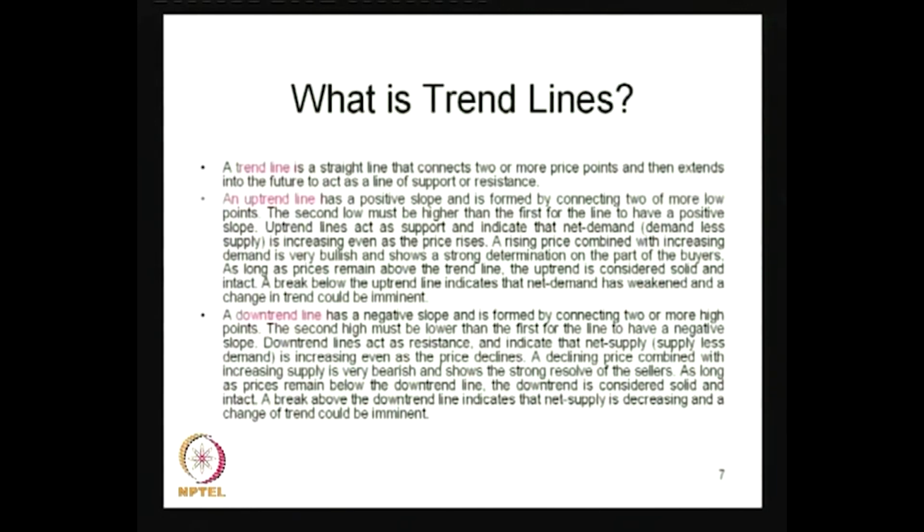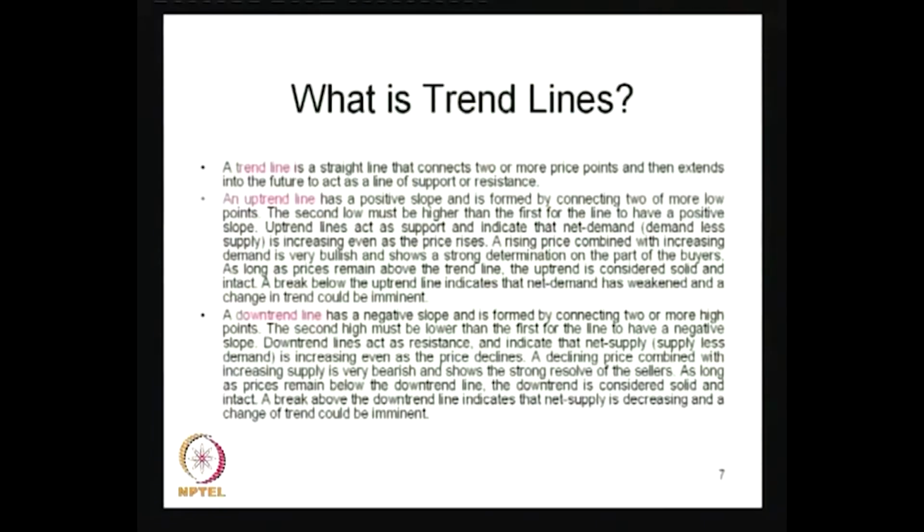If you talk about the uptrend line, it has a positive slope and is formed by connecting two or more low points. That means we expect that if the price has gone down, in the near future there is a chance the price will go up. Accordingly, with that prediction of upward movement in mind, the upward trend line can be drawn.